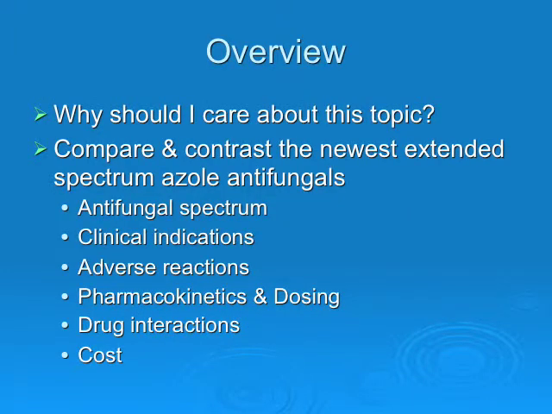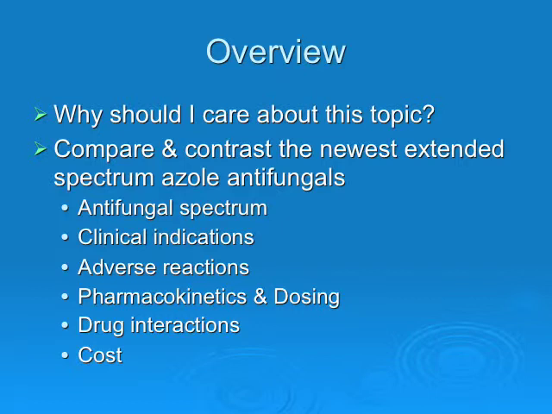Basically, I'm going to start with a very brief look at why we should care about this topic, and then compare and contrast the newest of the extended spectrum azole antifungals, specifically focusing on voriconazole and posaconazole.